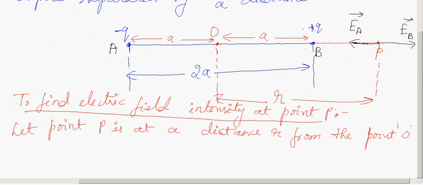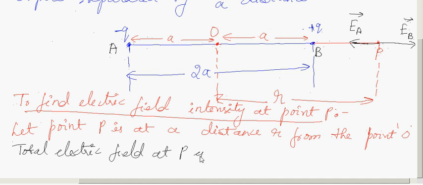So the total electric field at P is EB minus EA, because EB is greater than EA.